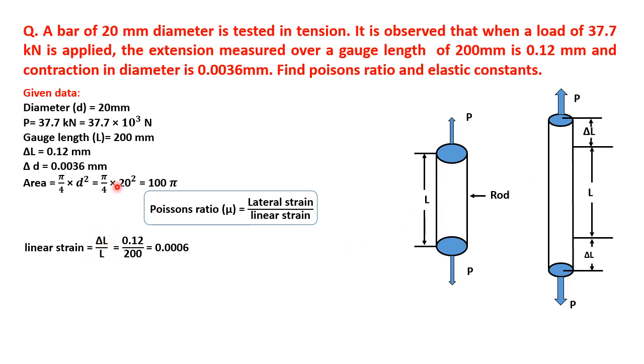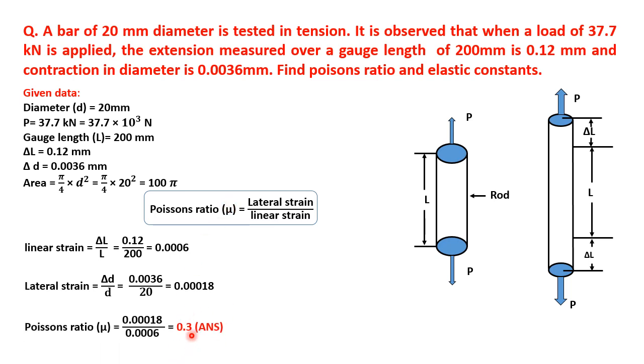Change in length is 0.12 mm and original length is 200 mm, then we get this value. The lateral strain is the change in diameter upon the original diameter. Change in diameter is 0.0036 upon original diameter 20 mm, so we get this value. Now we put these values in this equation, and we get the value 0.3.